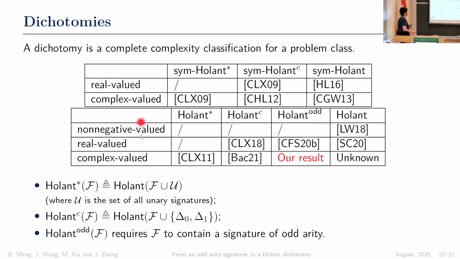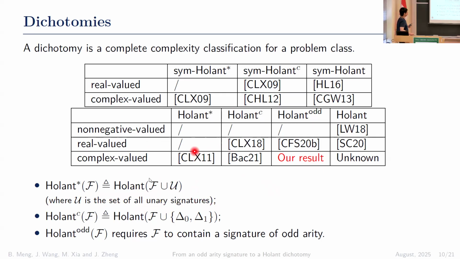And then it comes to signatures that are not necessarily symmetric. Also, today I'm talking about complex values, but usually the study begins with real values or non-negative values. And sometimes it is still too hard, and we need some signatures to help us prove the hardness. So Holant star has all kinds of unary signatures, which means signatures of degree 1.